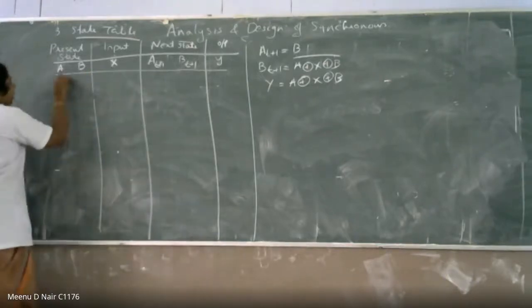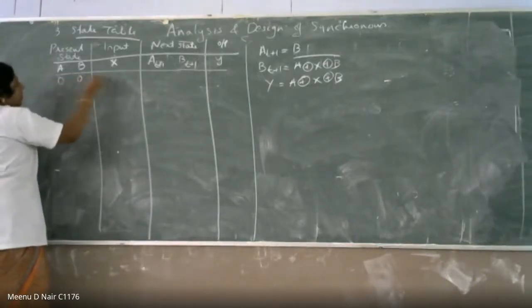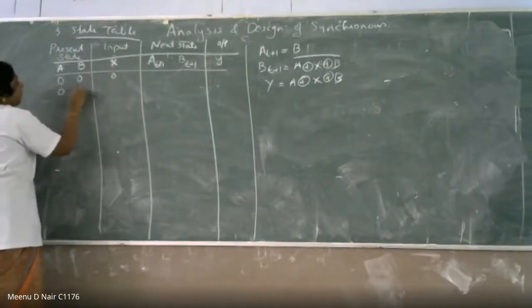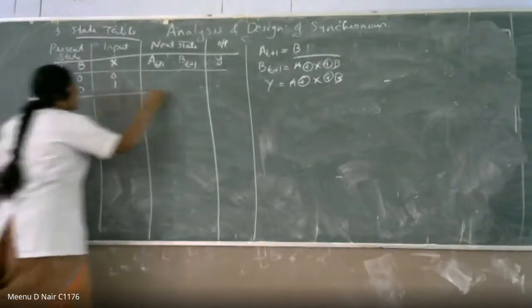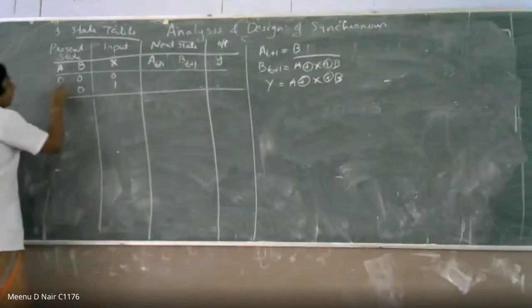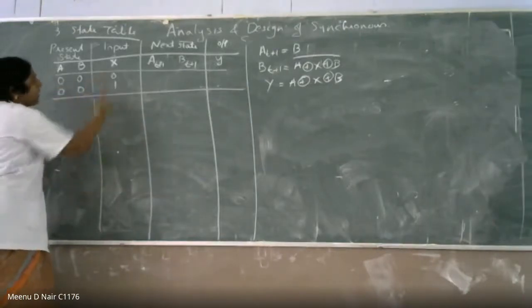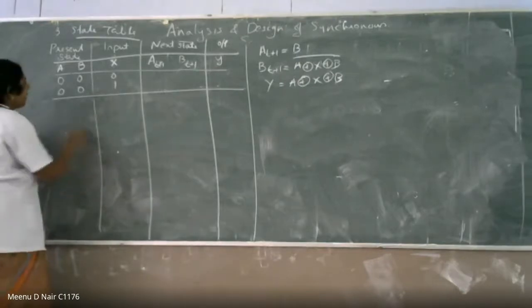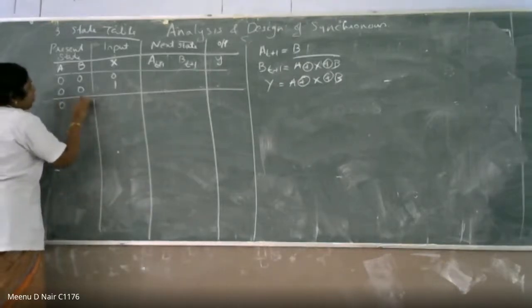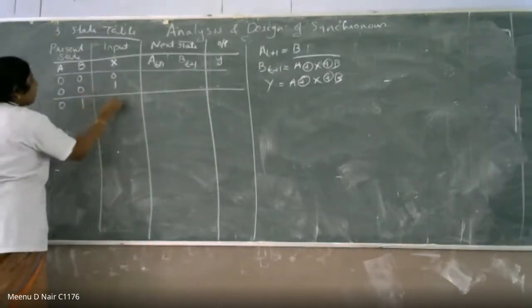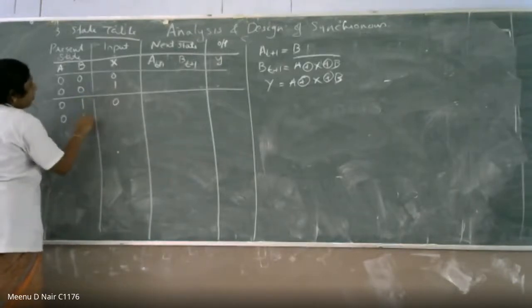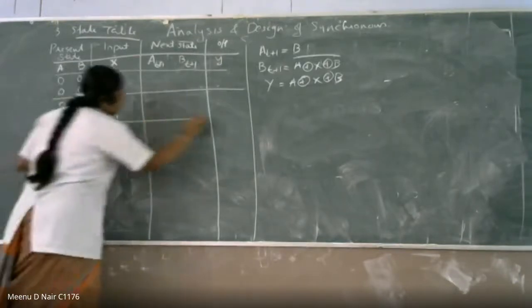So all the possible combinations: 0, 0, 0 and 0, 0, 1. That is the first set. If you consider present state as 0 0, input can be 0 or 1. Then the next one is 0, 1, 0 and 0, 1, 1. So the second case is over, right?